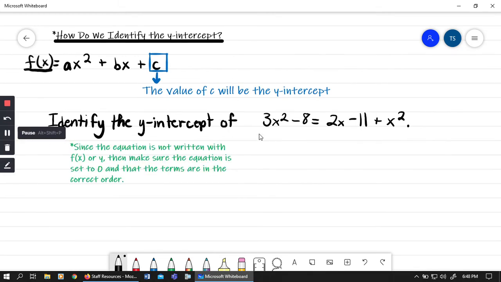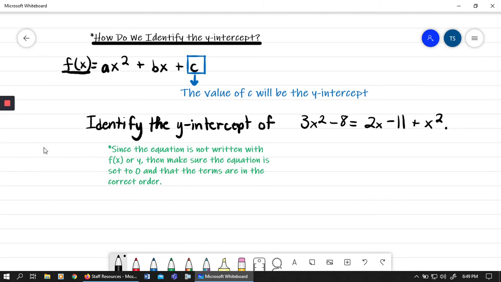With this particular equation, since it is not written with an f of x or y equals, we have to set our equation equal to 0 and then make sure your terms are in that ax squared plus bx plus c form. It does not matter which side of the equation you set equal to 0, as long as one side, either side, is set equal to 0. All right.